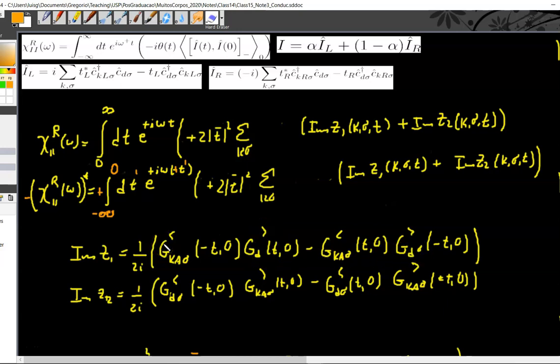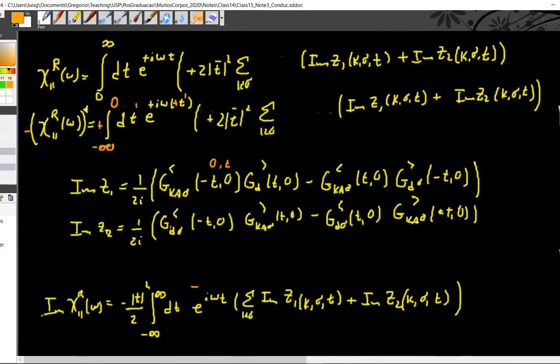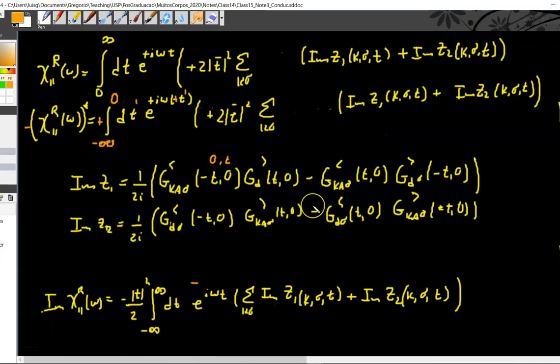Here I only changed from 0 to t to minus t to 0. Remember, we can always do that. Can always do this, right? 0 to t and write it as minus t to 0. I'm doing that for a reason. We're going to use a property of a Fourier transform, but let's see what you get when we add these two.